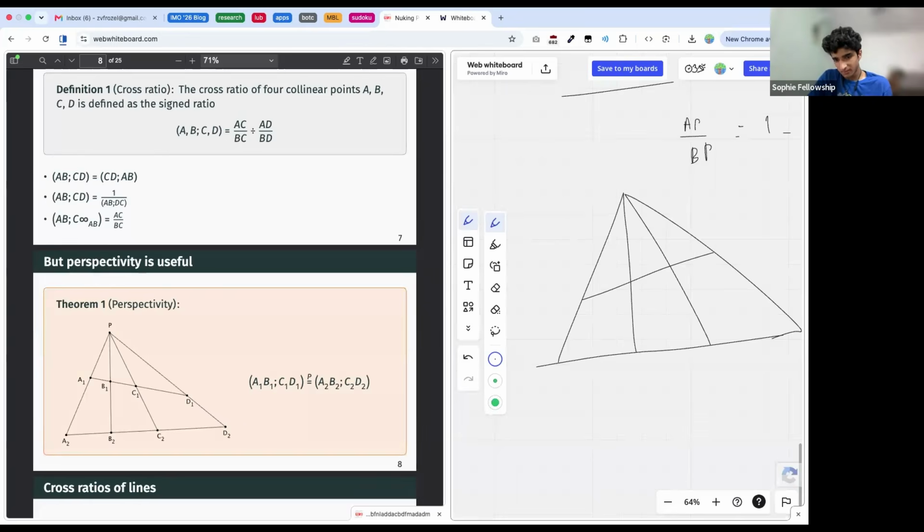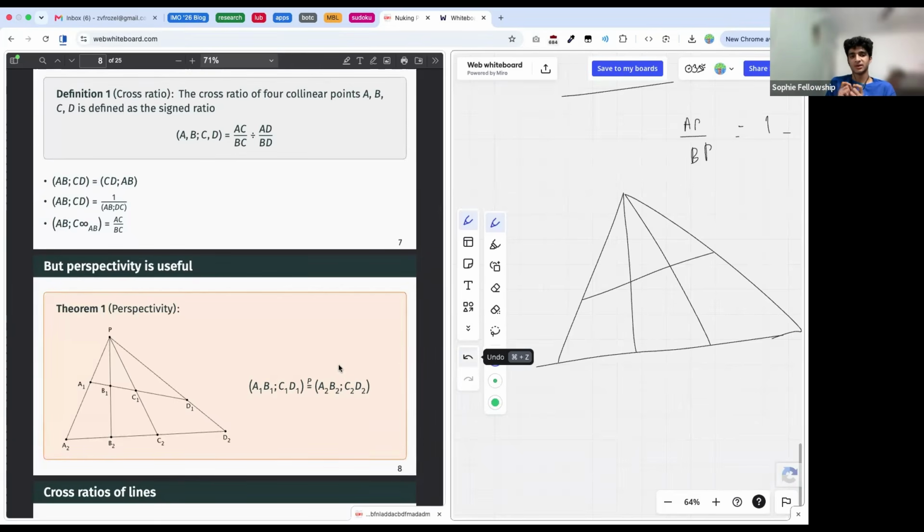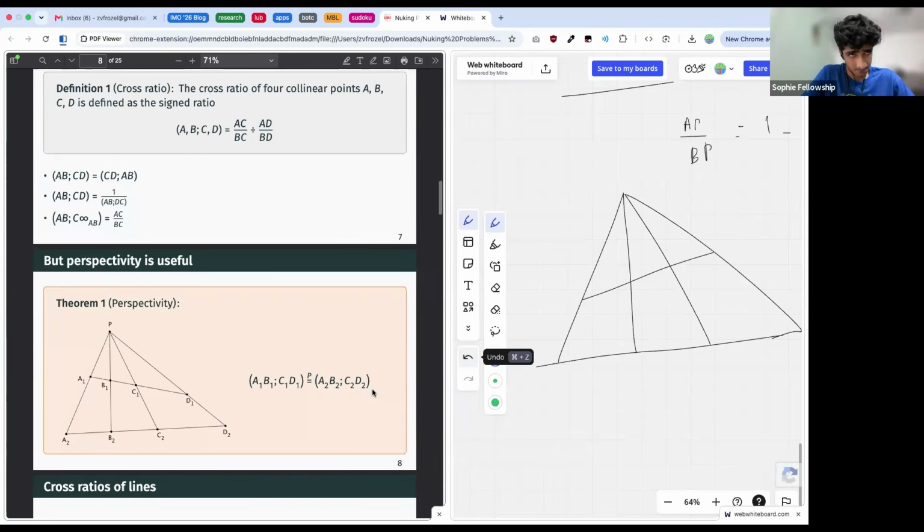The proof for this is just spamming the sine rule, so it's very useless. You can try it out if you're interested and let me know. But this is the one fundamental quantity that's preserved. And we say that the cross ratios are equal due to projecting from P. So we say that A1, B1, C1, D1 is equal to A2, B2, C2, D2 by projection at P.